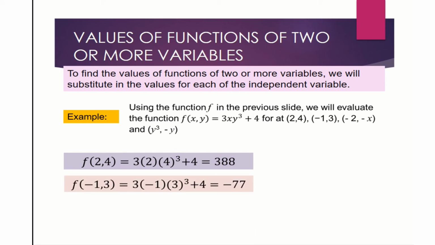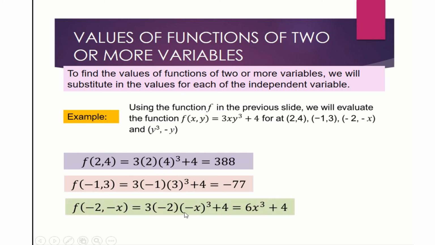Similarly, to obtain f(-1,3), we replace x with negative 1 and y with 3, and thus produce the value negative 77.